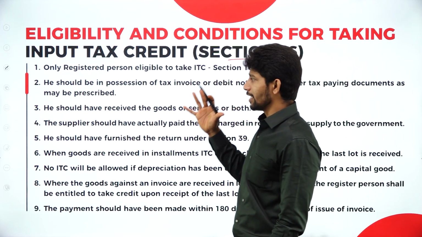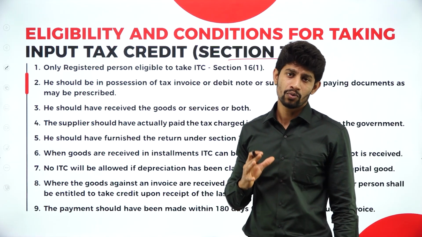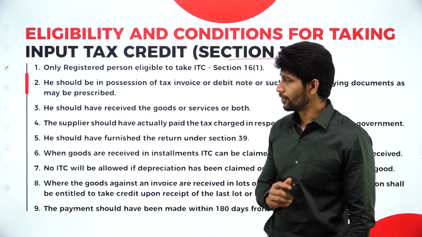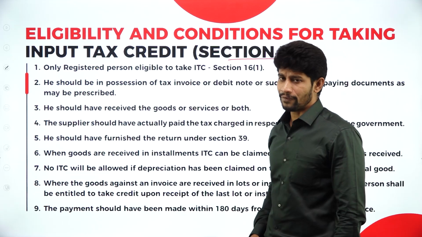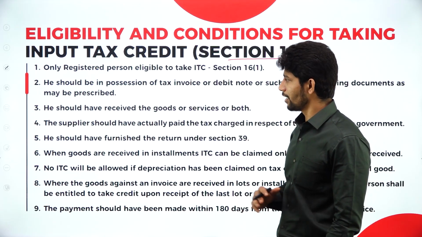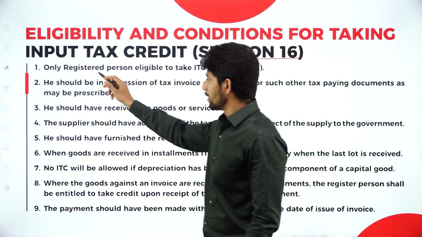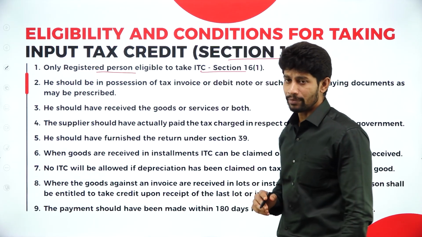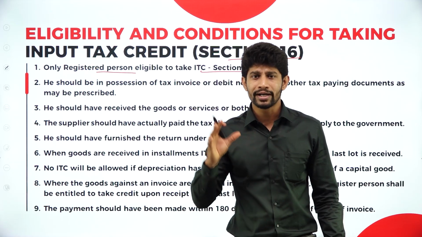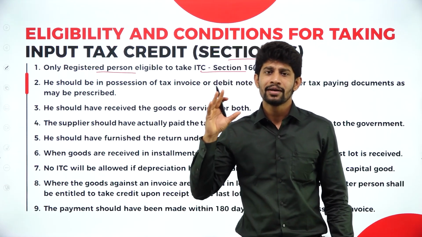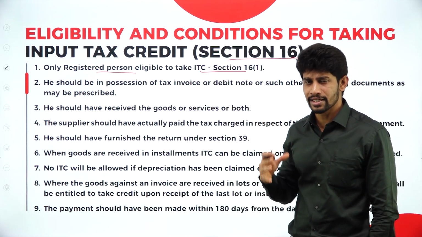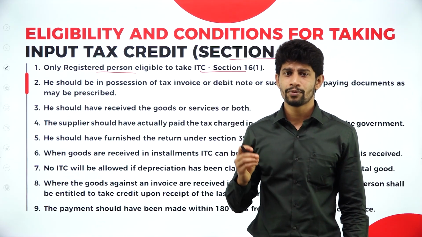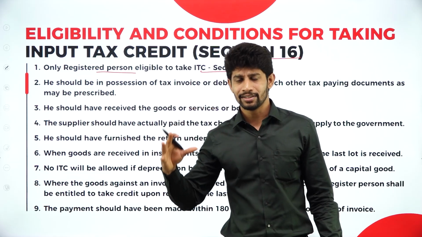So what are the eligibilities, criteria or conditions we are supposed to fulfill? The first condition is that only a registered person is eligible to take ITC. That means only the people who are registered under the GST Act are eligible to claim input tax credit, not any other person.